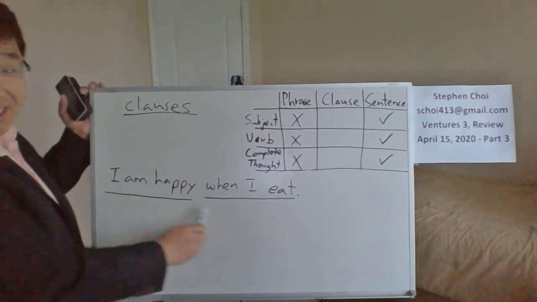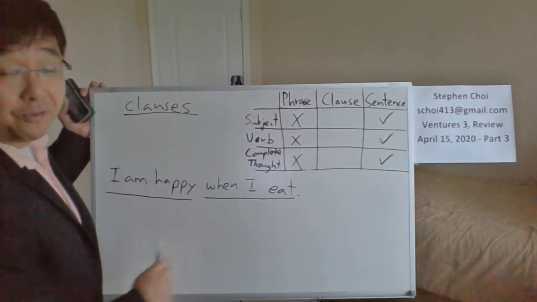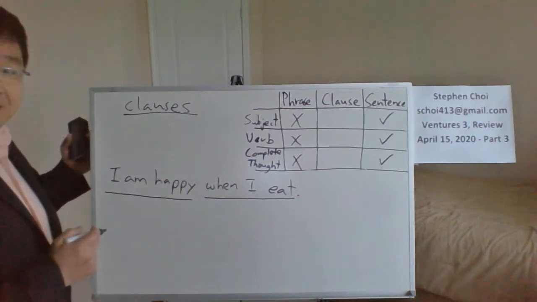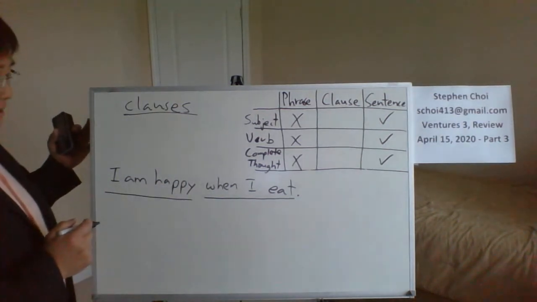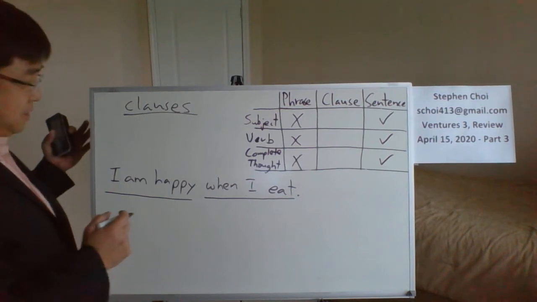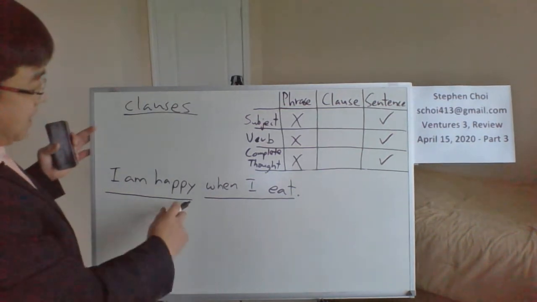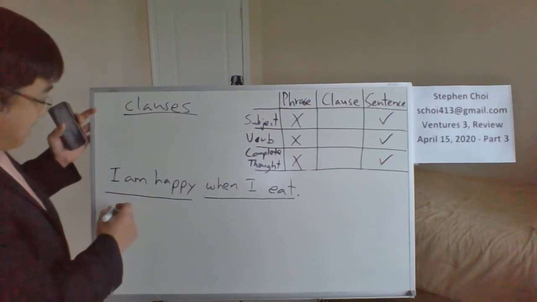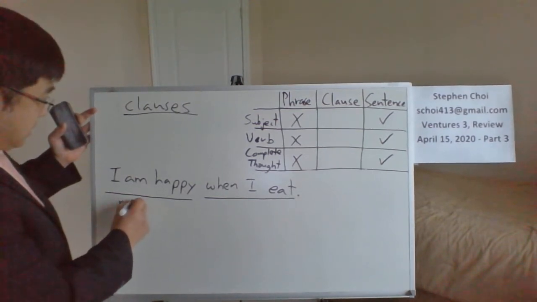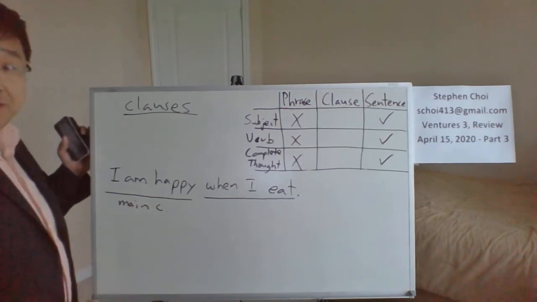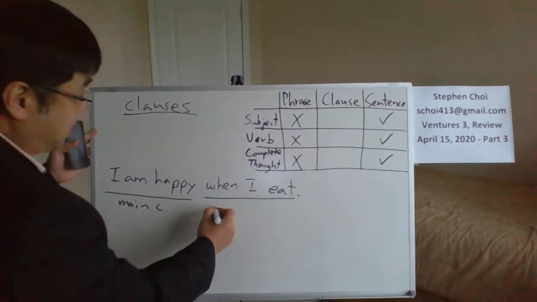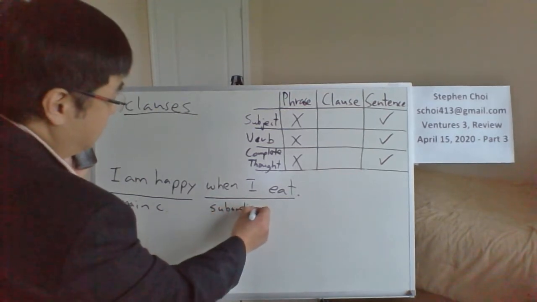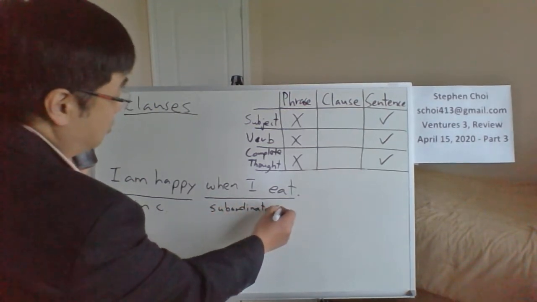These are different types of clauses. What's the difference? Well, I am happy when I eat. To put it simply, I am happy is the main clause, and this one is called a subordinate clause.